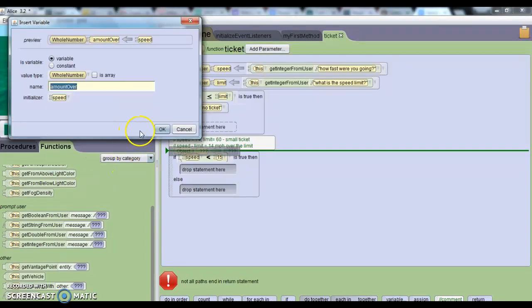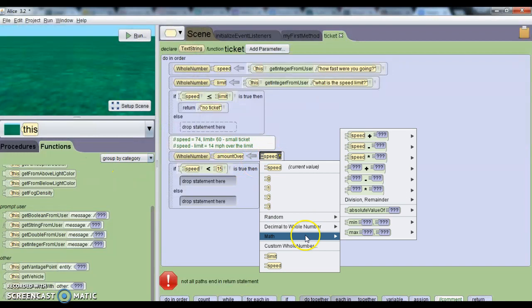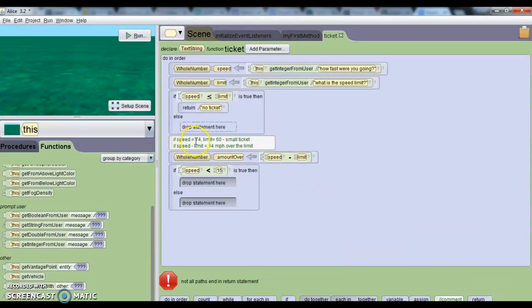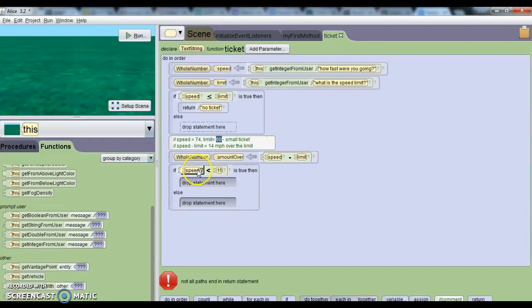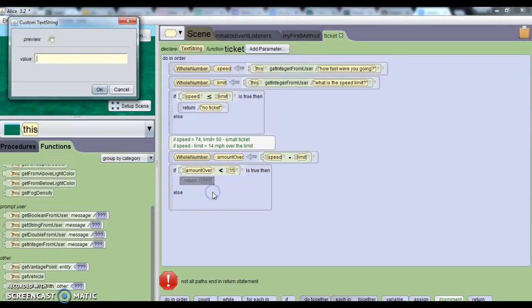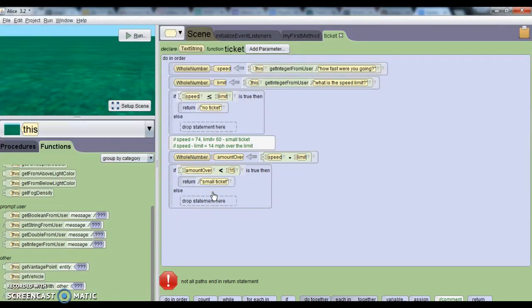And this can be our speed minus the limit. So if you're going 74, the limit 60, the amount over would be 14. So if the amount over is under 15, we return a small ticket.